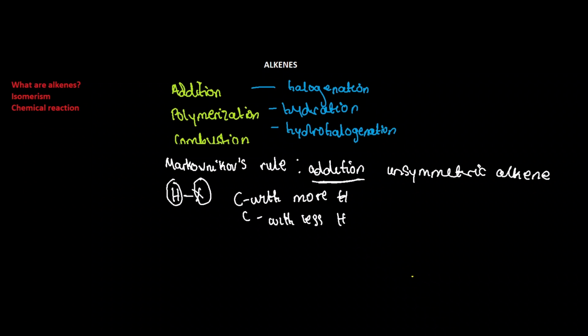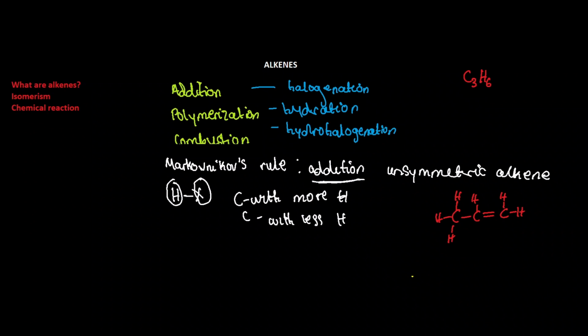Now, what is an unsymmetrical alkene? Let's take a look at C3H6. This looks something like this. We have C, then a double bond here. Now we have hydrogen attached here, forming 4 bonds in total.